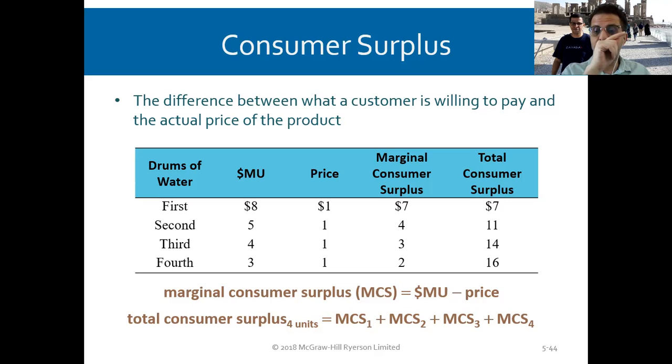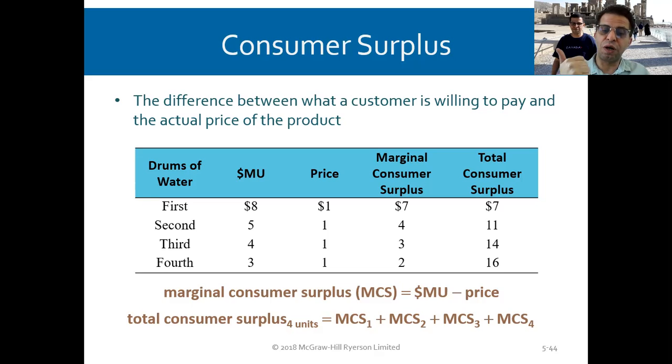You don't buy the first four at $6 and the last one at $5. No, you buy all these 5 units at $5. So the excess benefit that you are receiving from the lower price is what you call a consumer surplus: the difference between what a customer is willing to pay and the actual price of the product.